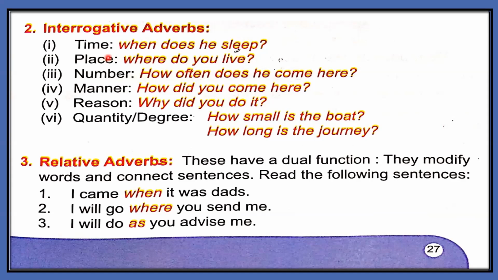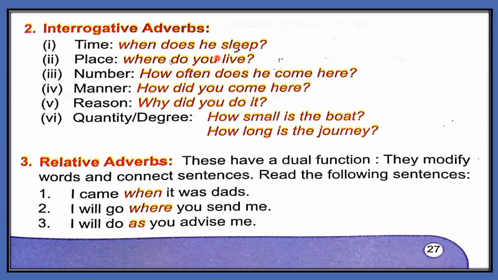Now have a look. What kind of adverbs are used in interrogative adverbs to show the time? Like, when does he sleep? When does he sleep asks about the time. He sleeps at 9 o'clock, 10 o'clock.